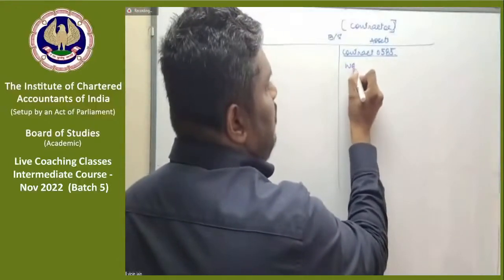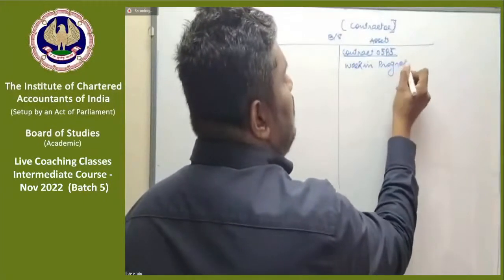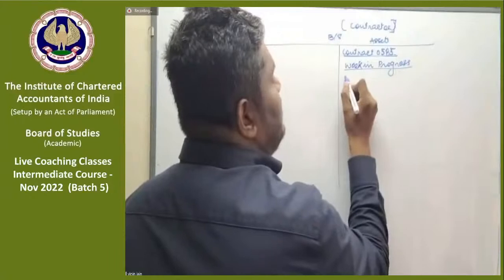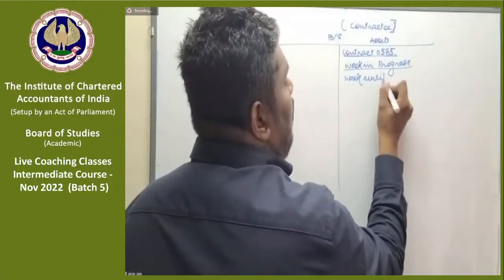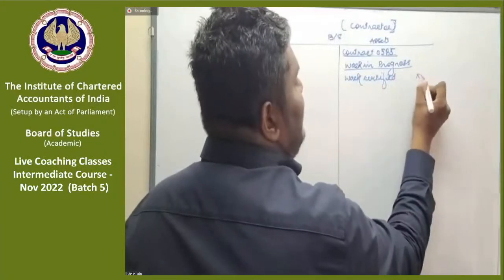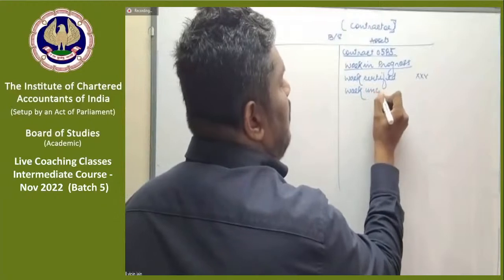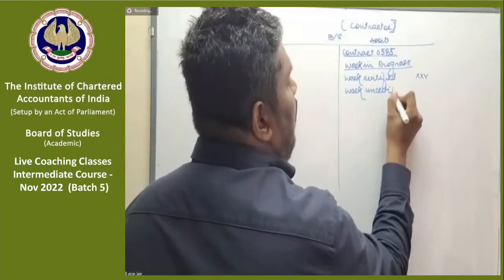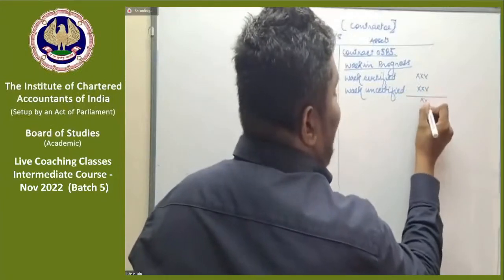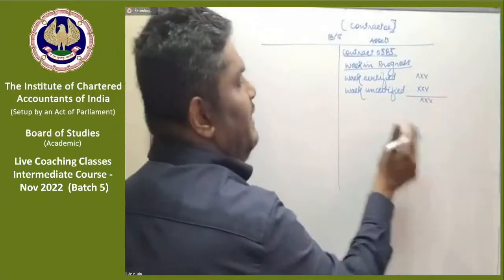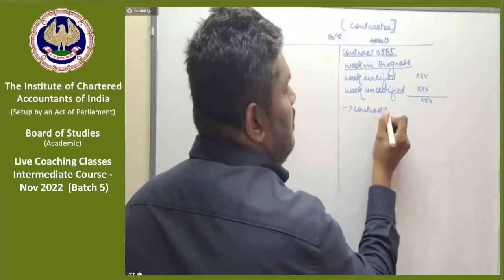So we will write work in progress, that is work certified, work uncertified, the total value of work completed by the year end minus contractee account.